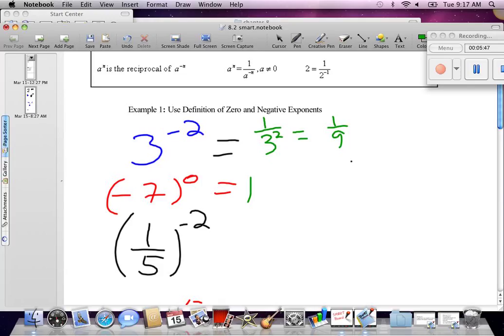1 over 5 to the negative second. Now again, do you remember yesterday when we had parentheses? What did I have to do? We had to distribute, didn't we? Do you want to flip it first? No, we had to distribute first and then flip it, right? So I'm going to distribute your little negative 2. It goes to both of these.